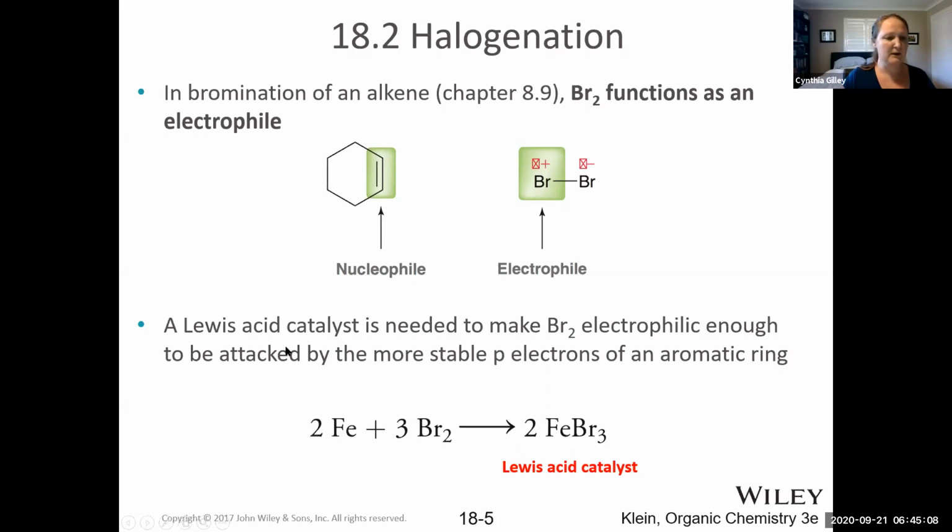But if we treat it with a Lewis acid catalyst, such as iron, and again, I said aluminum would also work well for this, it will actually react with some of the bromine, or if you were doing a chlorination, it could be Cl2, and it would produce iron(III) bromide or chloride. And this is actually the Lewis acid catalyst that reacts with another molecule of bromine to produce the active electrophile that we'll see on the next slide.